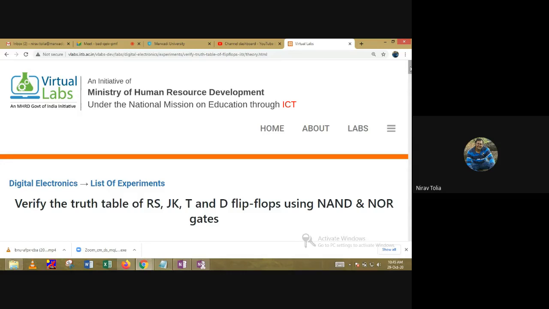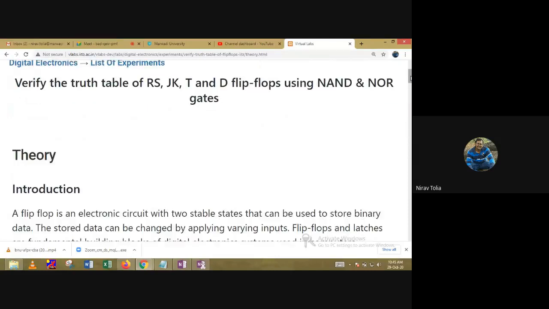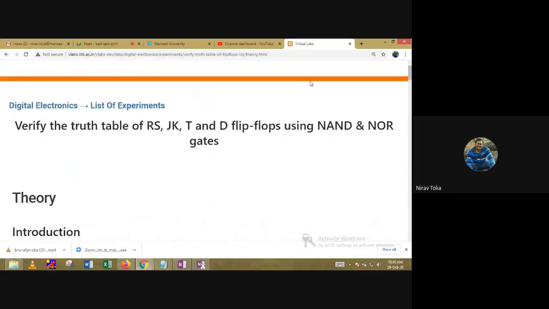So anyone having any doubt? Sorry, I didn't get your question, Miloni. What does tricky mean? It's very easy. You just have to know about the SR and JK. D is made from the SR, and T is made from the JK. So you have to focus on these two.